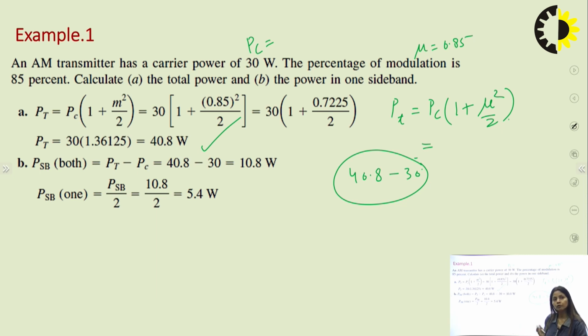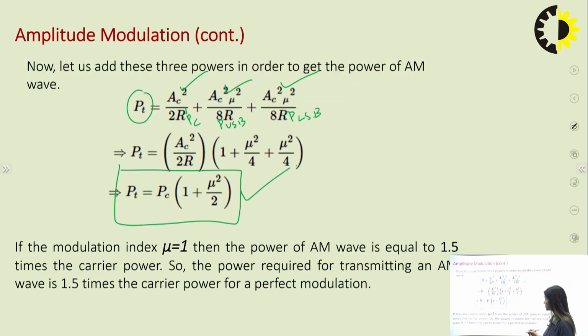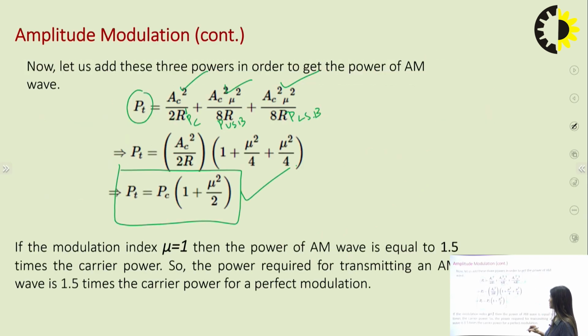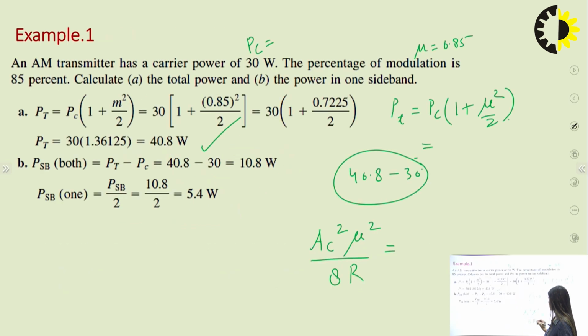And if you want to use the formula, you can use the formula also, that we have already seen: this Ac mu square upon 8R, and you can directly apply the formula, and this Ac square upon 2R is PC.